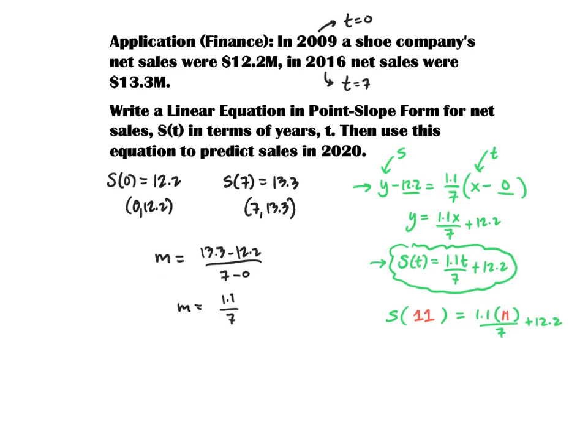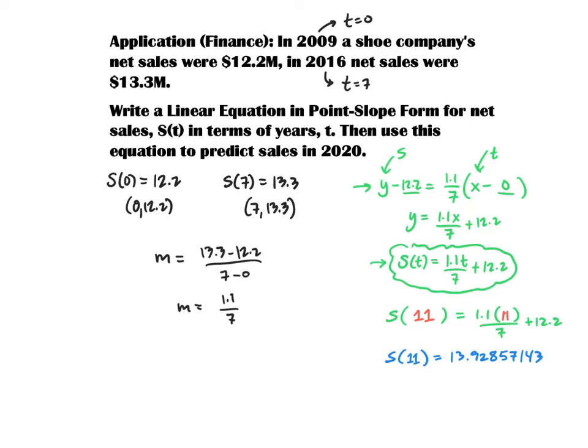So per my calculator, what I'm getting is that S of 11, or the net sales in 2020, is equal to 13.928. I'm going out kind of ridiculously far here because I want to prepare you for what you're going to see later on in calculus if you decide to go there.